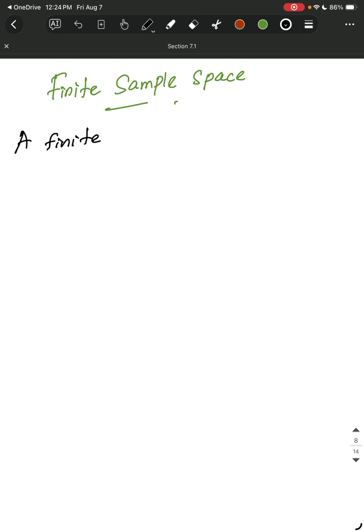Okay, next, finite sample space. The next word we need to know is the finite sample space. A finite sample space contains a finite number of outcomes.